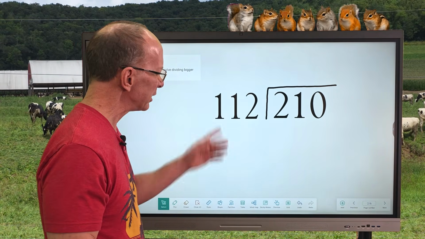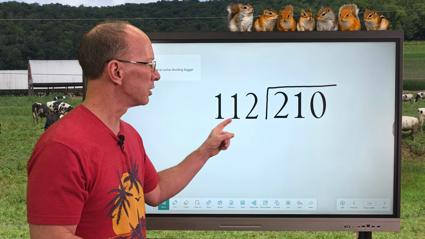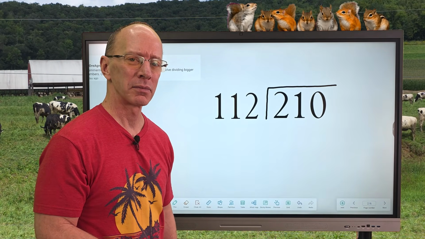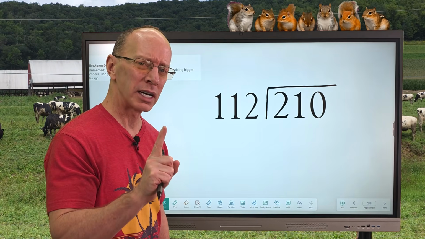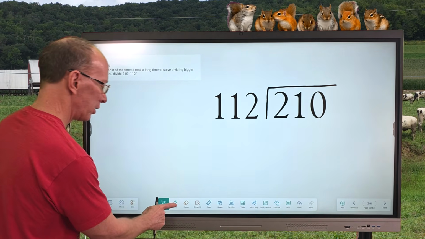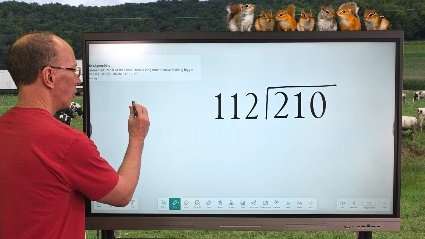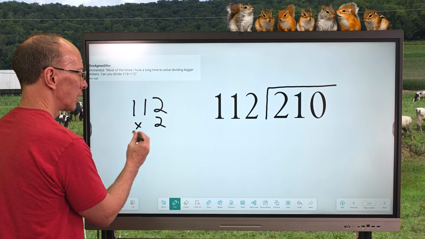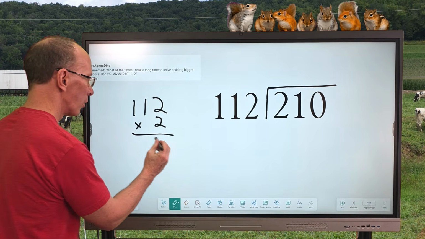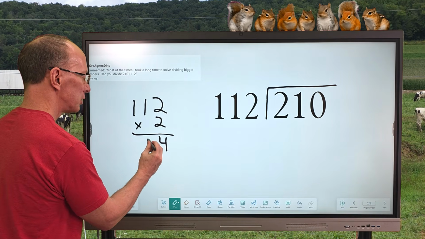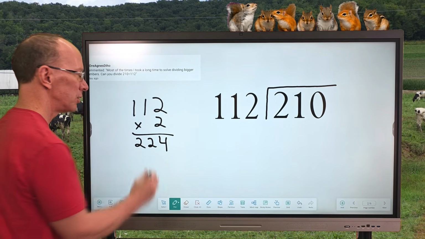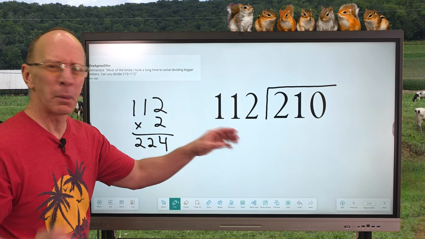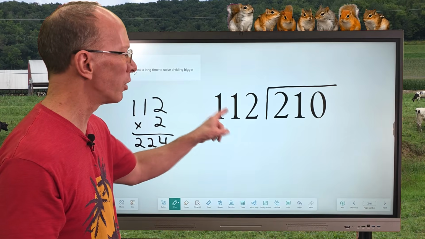First of all, how many times do you think I can put 112 into 210? I'm thinking 1 time, but just to show you, let's multiply 112 times 2. So 2 times 2 is 4. 2 times 1 is 2. 2 times 1 is 2. That's 224. Too big. Stick with 1.